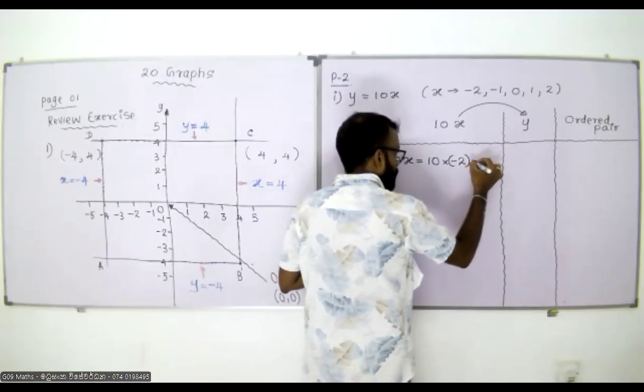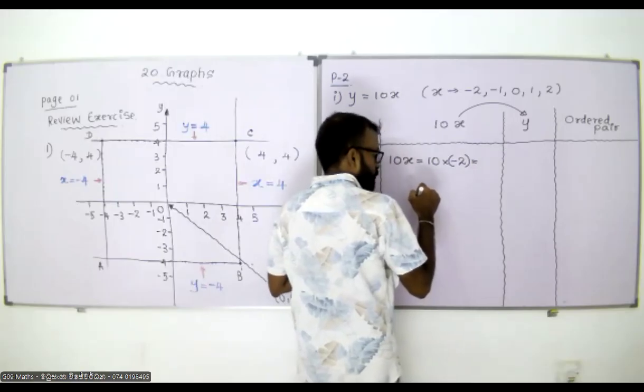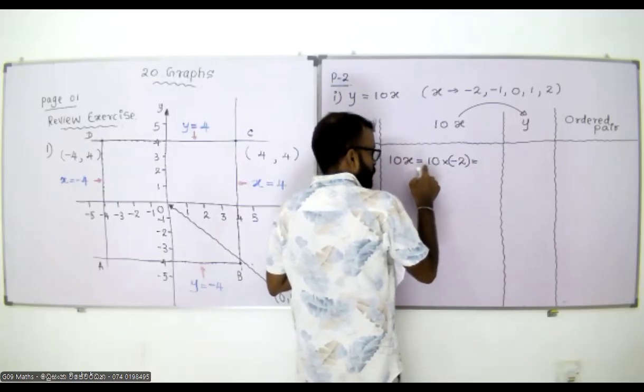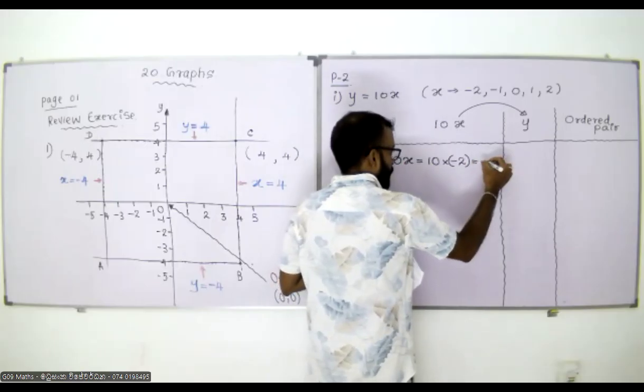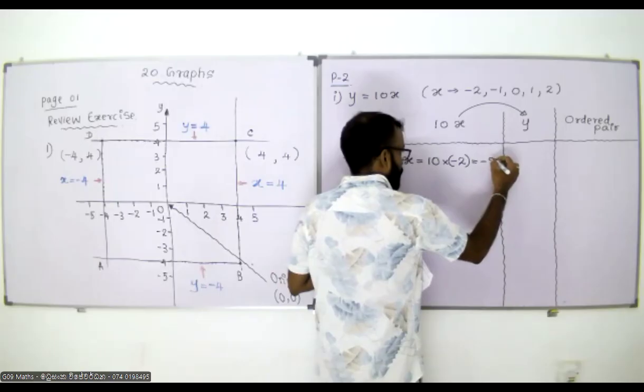You know how to simplify this. Positive into negative, negative. 10 times 2, 20.